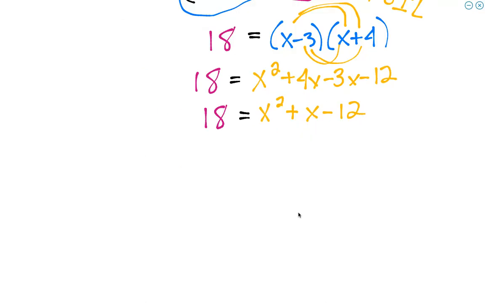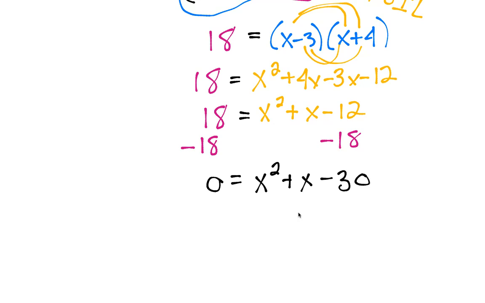And to solve this, we want it to equal 0. So I'm going to subtract 18 from both sides. And I'm going to get 0 equals x squared plus x minus 30.